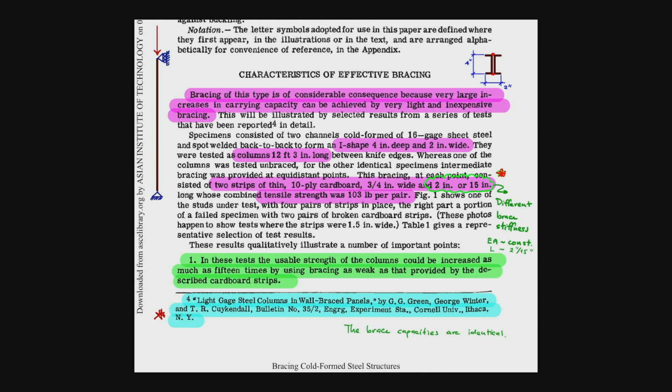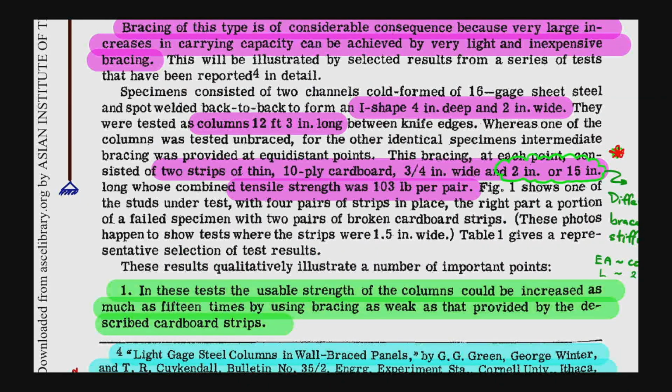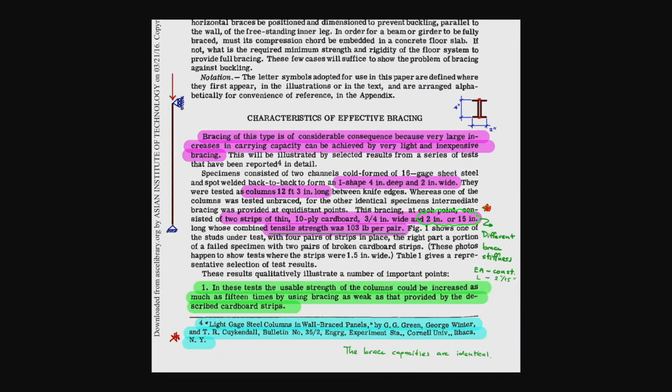If we use the same cross section for all braces installed to the column, the capacity of the brace in every case is identical. So the difference is only about the stiffness of the brace. The tensile strength was 103 pounds per pair, and this is uniform for all cases.